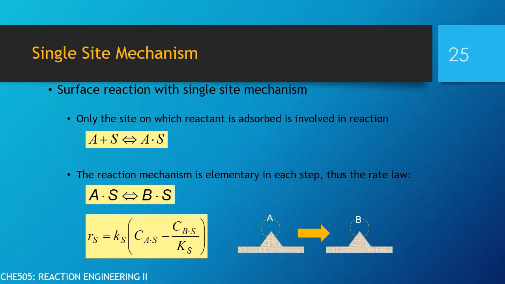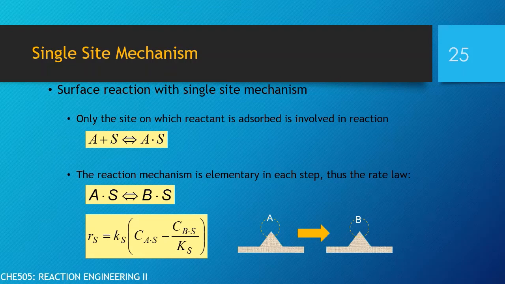Let's say reactant A, you only have one reactant, and reactant A attaches to the active site and produces A·S during the adsorption step, and it will continue with single site mechanism during surface reaction. For example here, for one reactant, the reaction mechanism is elementary in each step.